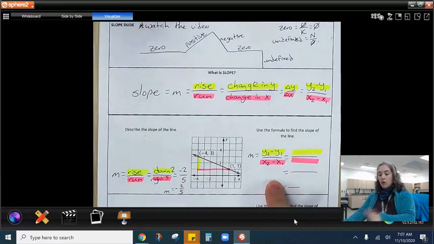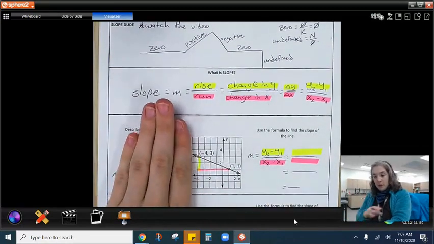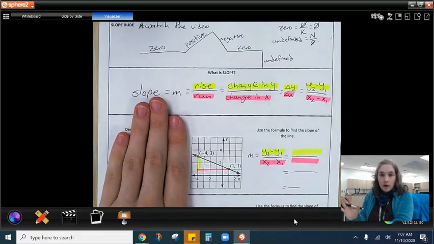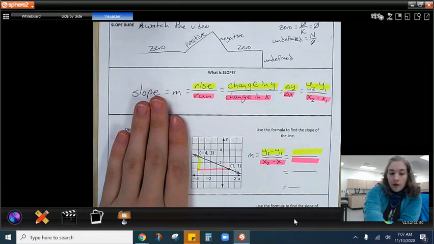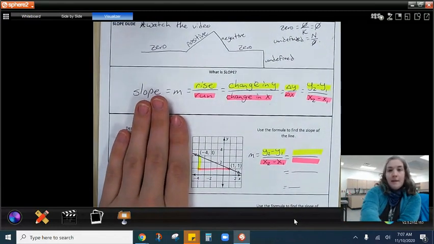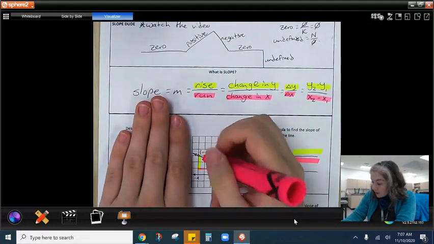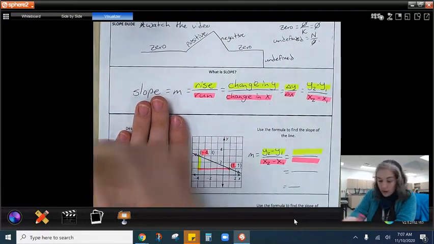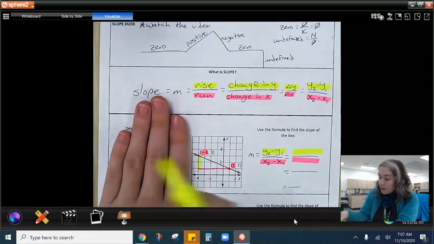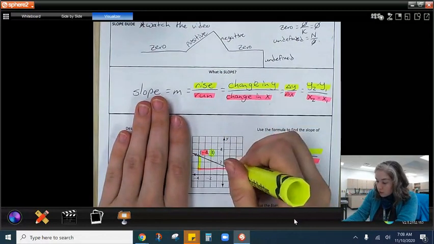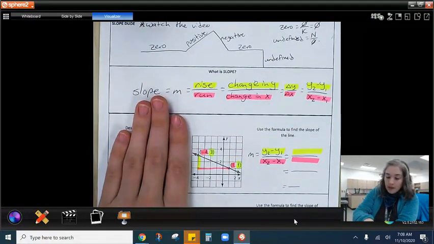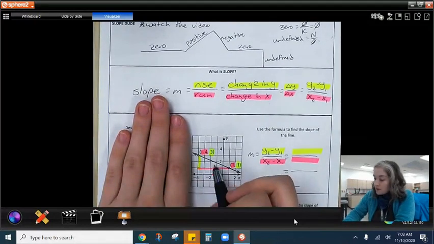So now let's ignore the describing part. Okay, I'm covering that up. And now let's actually look at our numbers, right? I'm going to highlight my x's first. So I've got a negative 4 here and a 1. And then I want to highlight my y's. So I've got a 3 and a 1. And I am going to start with my y's.